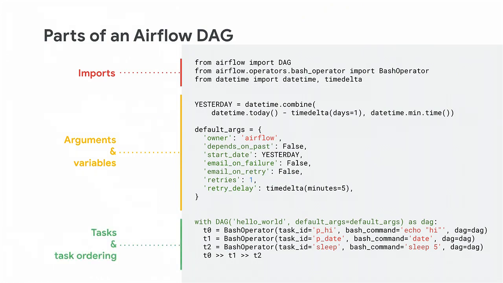Once you have the arguments set up, writing the workflow itself is really straightforward. With a top-level DAG definition, you can specify any task that you plan to contain in that workflow. As I mentioned, in this example we use the bash operator, but you can, in fact, use any operator.